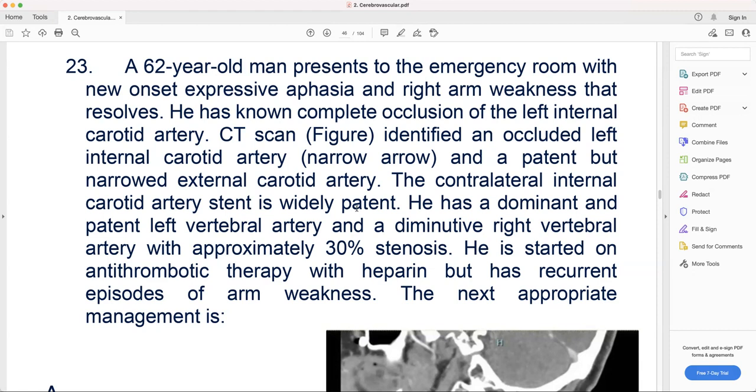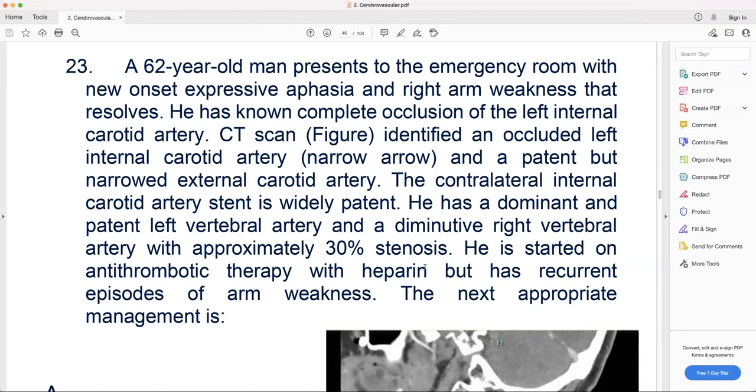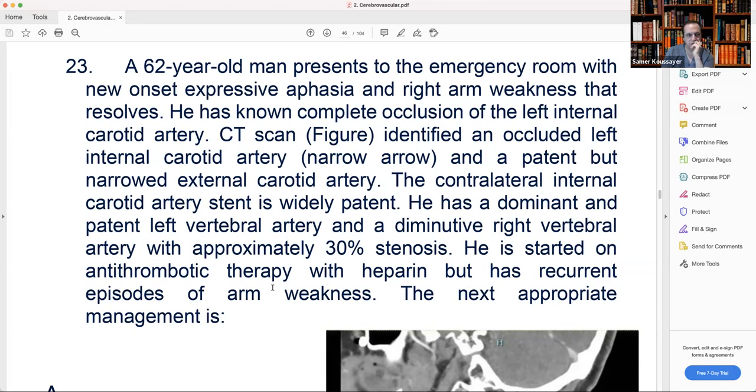Then they look at the vertebral. They found the left vertebral is patent, the right vertebral has 30% stenosis. They start him on heparin. So now he's still getting symptoms, even though the internal carotid is still occluded.